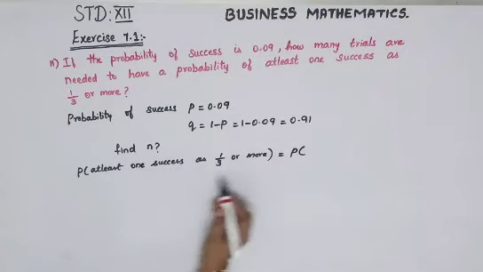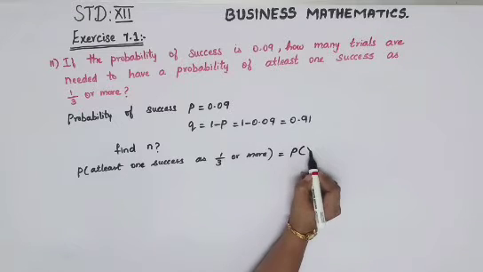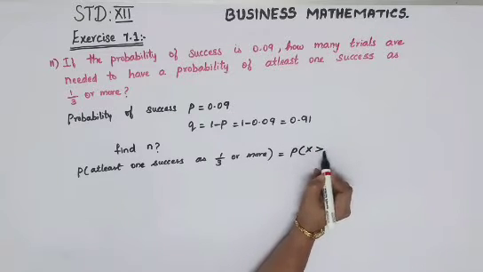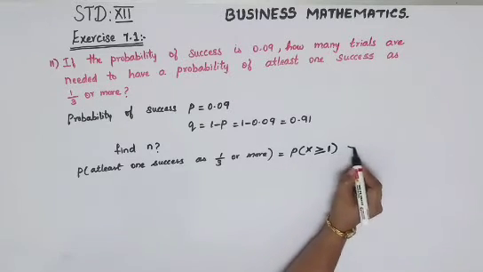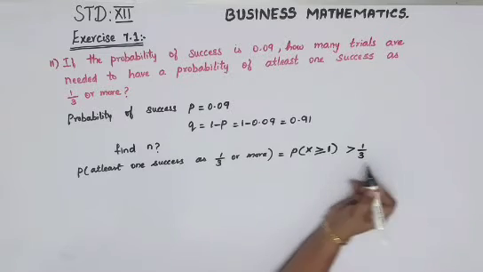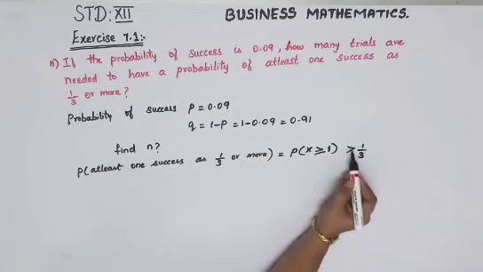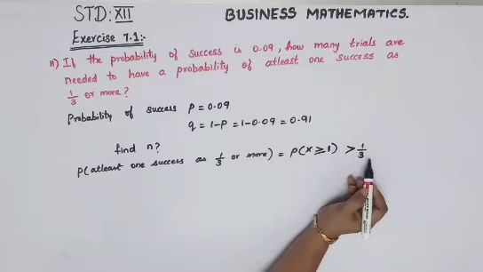So you can write it as P of X is greater than or equal to 1, because minimum 1 should be there and more than 1 you can have. They have given you 1 by 3 or more, so we can declare it as greater than 1 by 3.